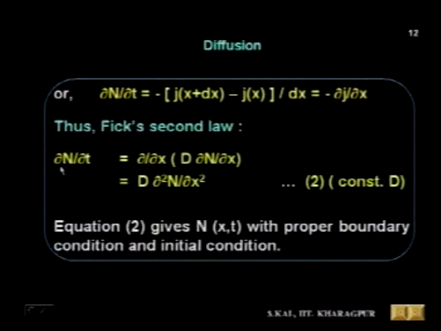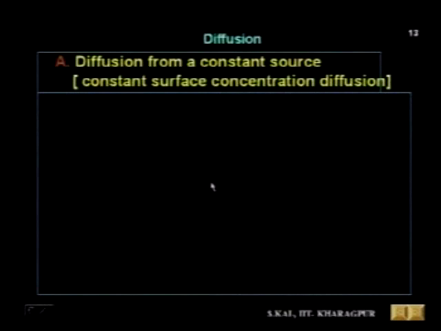So there this n is a function of both time and distance, x and t. Okay. Now, this equation you can solve with proper boundary conditions and initial conditions. So, we will solve. There are two diffusions.